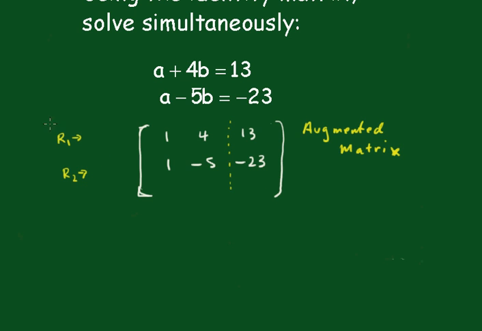Now the aim is to change this matrix into the identity matrix. Now the identity matrix is this part here, sorry, the identity matrix is 1, 0, 0, 1. That's the identity matrix.